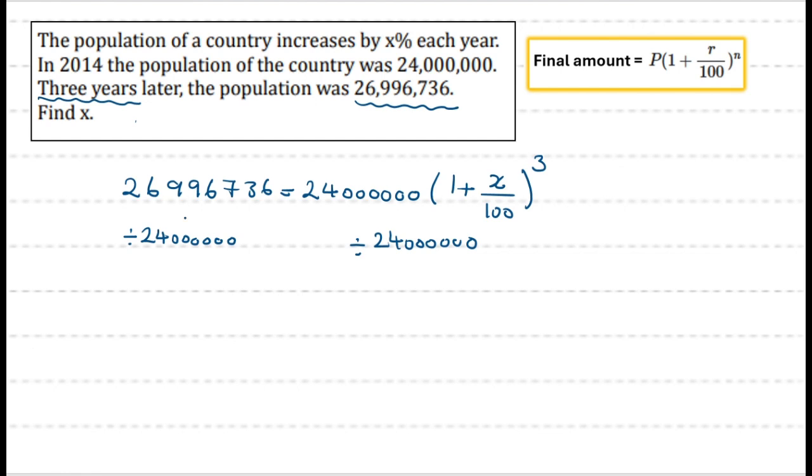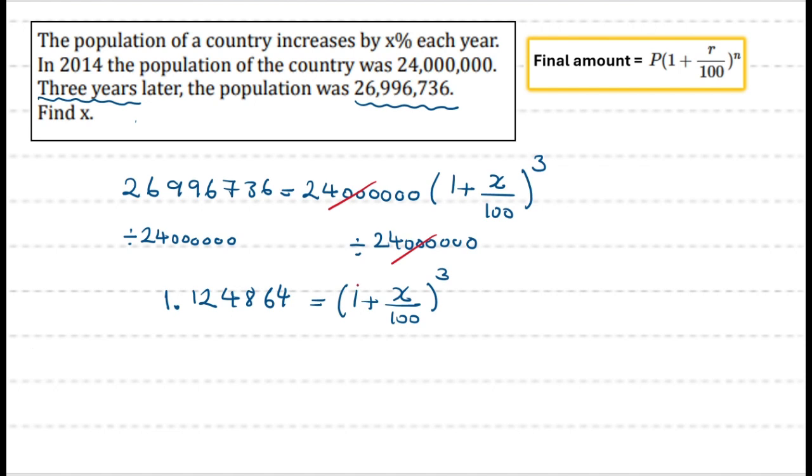So that gives us, for the left hand side, when you type it into calculator, you'll get 1.124864, and on the right hand side we can see that 24 million will cancel, and we have 1 plus X over 100 raised to the power of 3.